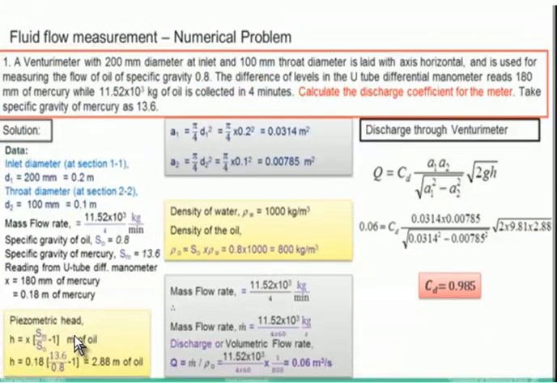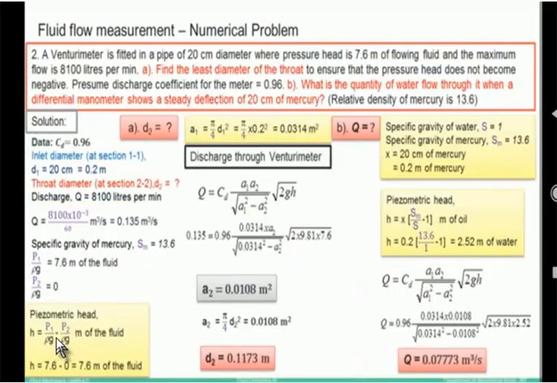We can calculate the piezometric head by H is equal to x into Sm by S naught minus 1, if he has mentioned the specific gravity and the U-tube manometer reading. If he has mentioned pressure heads, then we find it using this formula, that is piezometric head P1 by rho g minus P2 by rho g meter of fluid. Substitute these two, 7.6 minus 0, then it becomes 7.6 meter of fluid. H is equal to 7.6 meter of fluid.